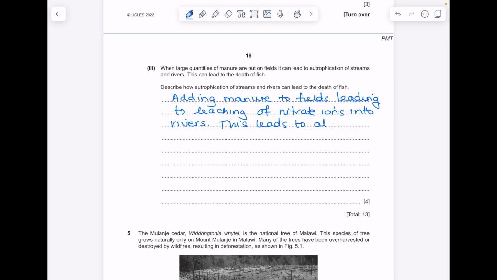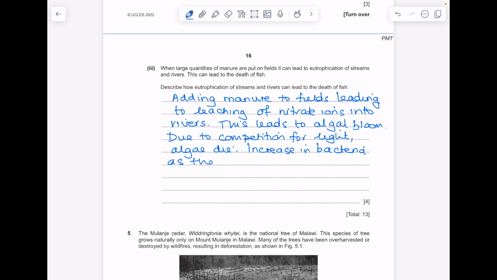This leads to algal bloom. So that's a huge increase in algae numbers. So although those algae have grown in huge numbers, they soon start dying off due to competition for light. So due to competition for light, algae die. And then the death of the algae provides an awful lot of food for bacteria. So there's an increase in bacterial numbers as these feed on algae.